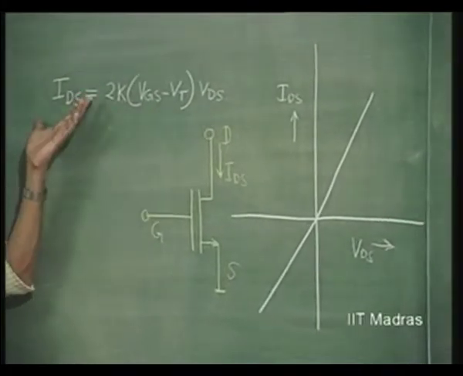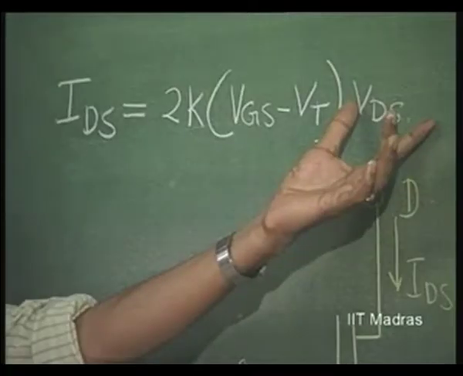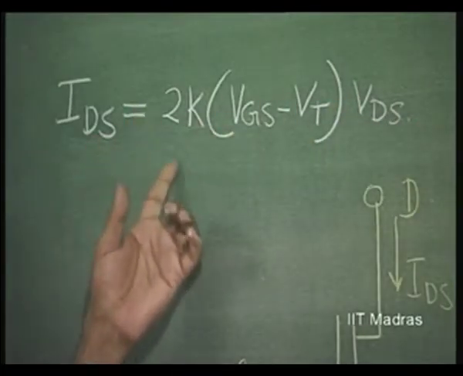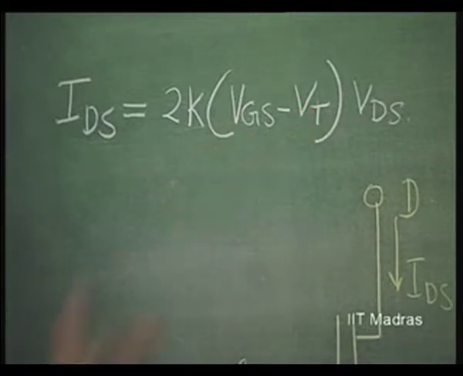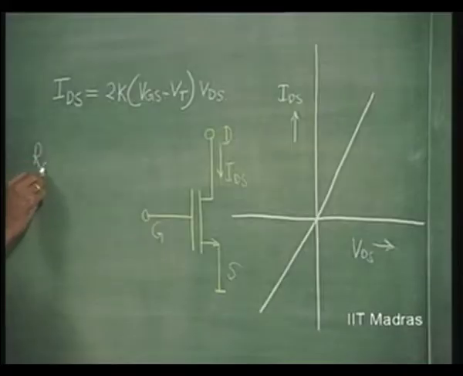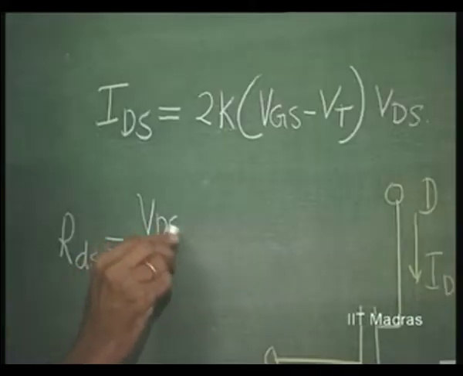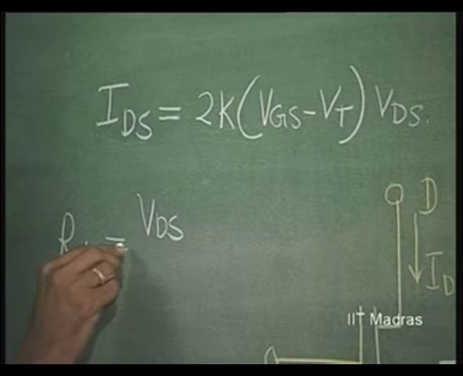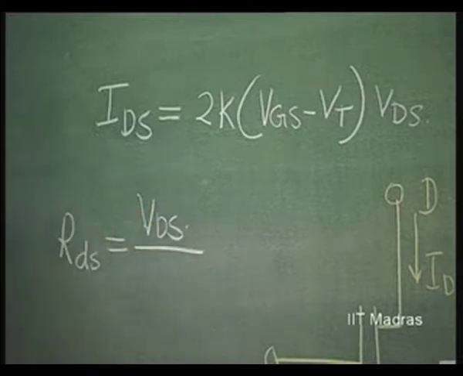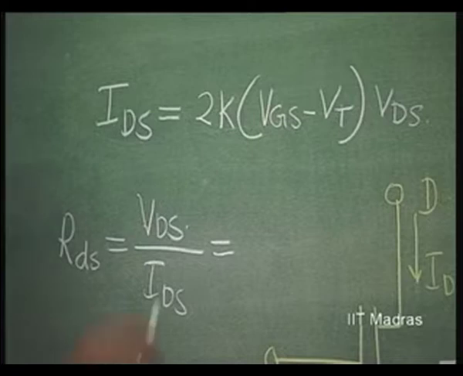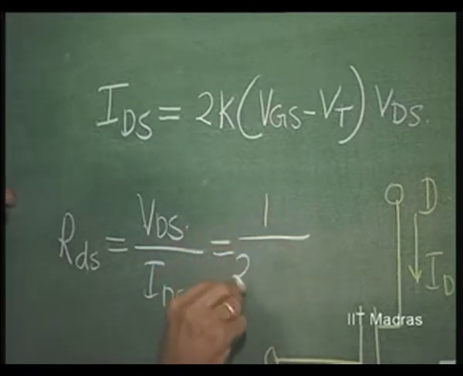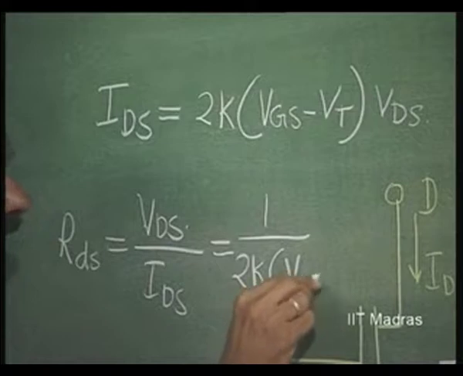IDS is directly proportional to VDS, and the proportionality constant is 2K into (VGS minus VT), which means that the resistance R ds, which we said is going to be quite useful for us, is nothing but VDS divided by IDS itself, V by I, Ohm's law, and that is equal to 1 by 2K into (VGS minus VT).